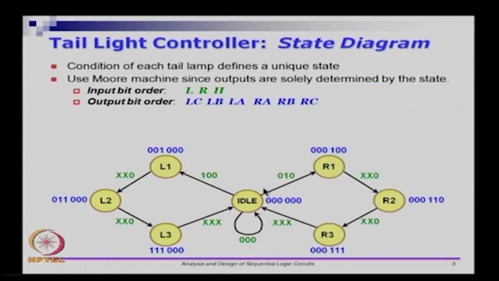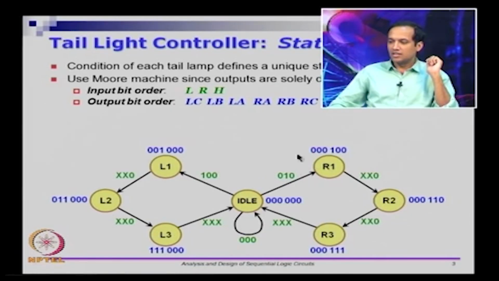Similarly, I will put something for the right indicator. As long as R is 1 and the other two are 0, I will go to the right indicator mode. In the right indicator mode, I start with RA as 1 first, then in the next cycle I will make RB as 1, in the next cycle I will also make RC as 1, and I will do this as long as the hazard signal is not turned on.